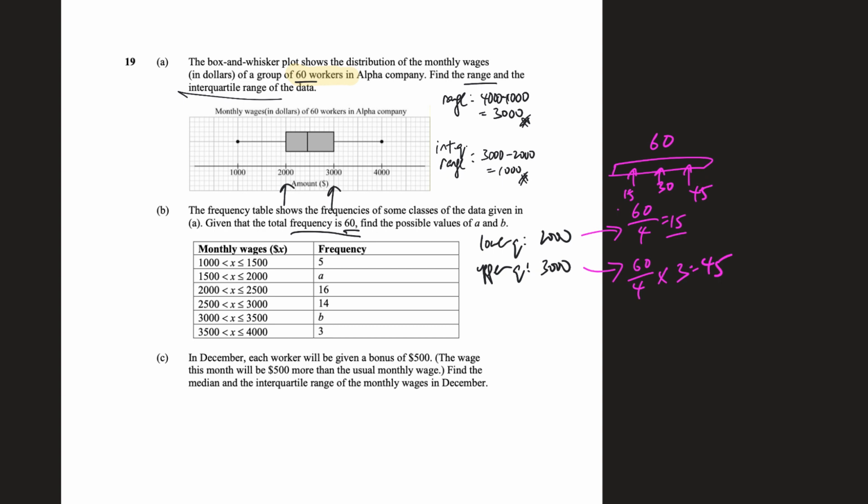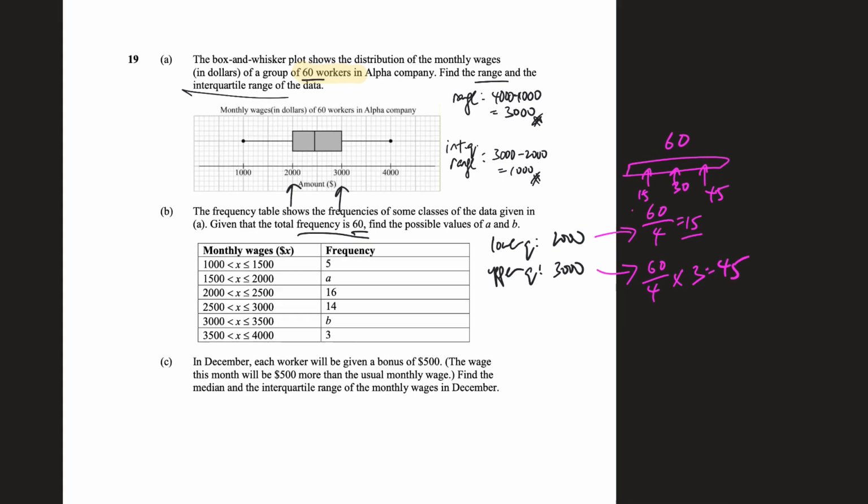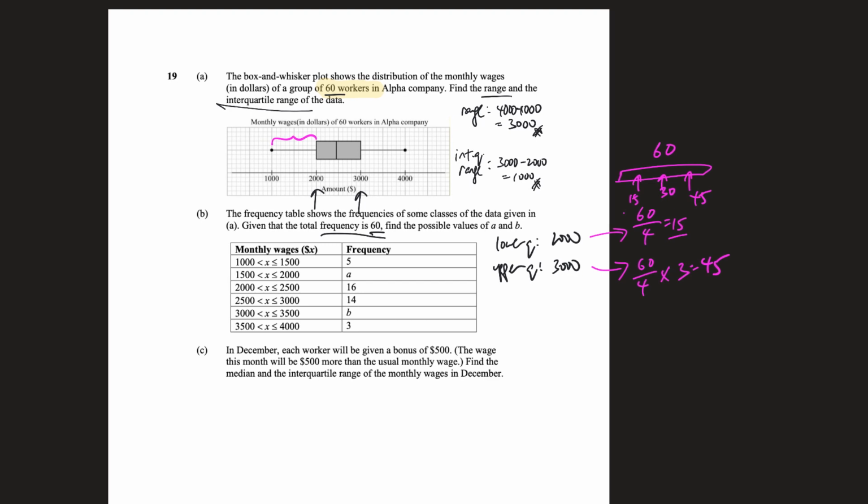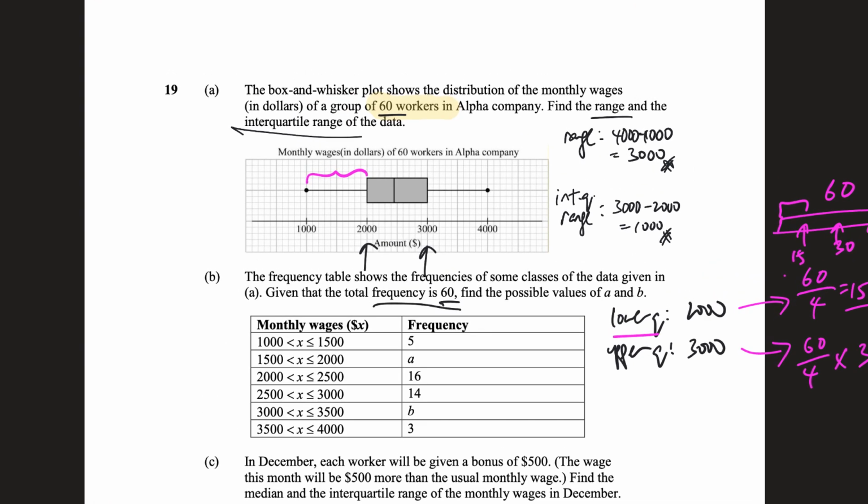So between 1000 and 2000, there are 15 workers. I already know that between 1000 and 1500, there are 5 workers. Therefore, between 1500 and 2000, there must be 10 workers. So A must equal 10.